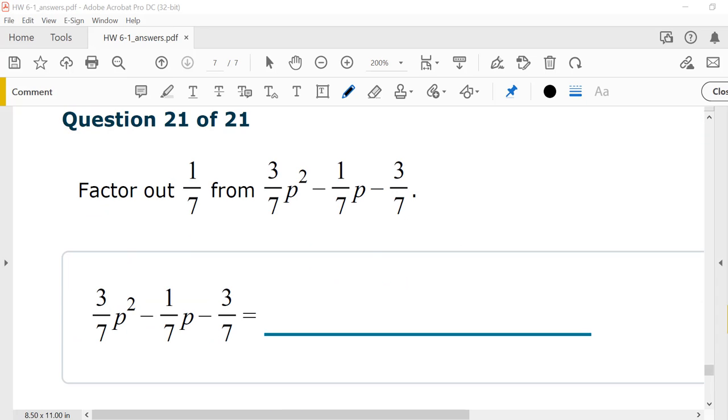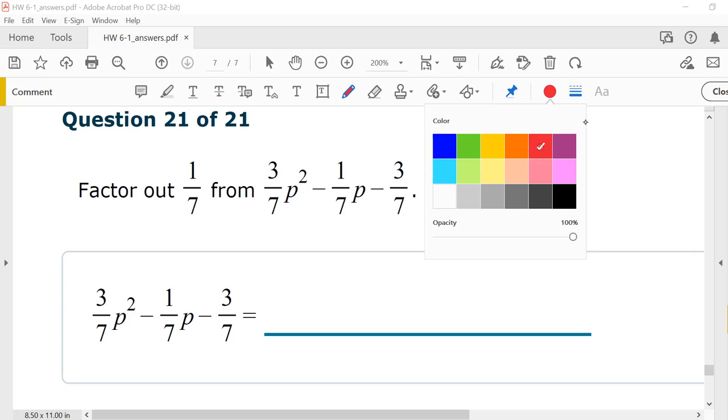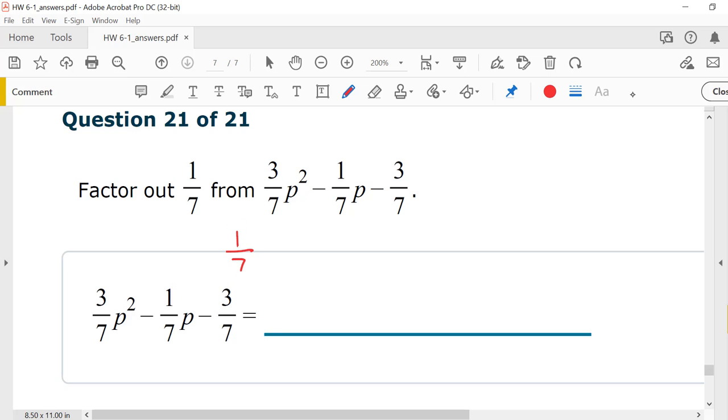Last question, number 21, says to factor out 1/7 from this polynomial. If I pull out 1/7, what remains?